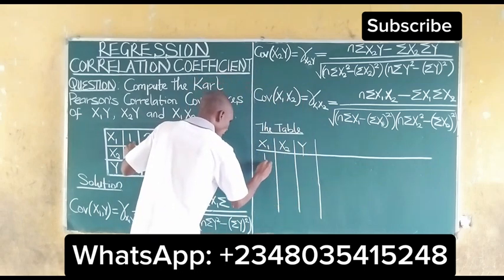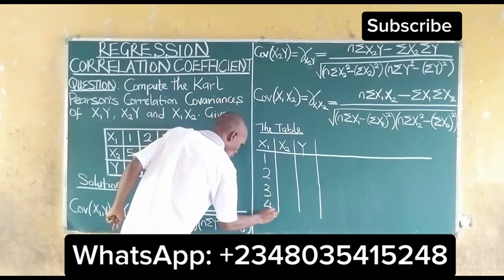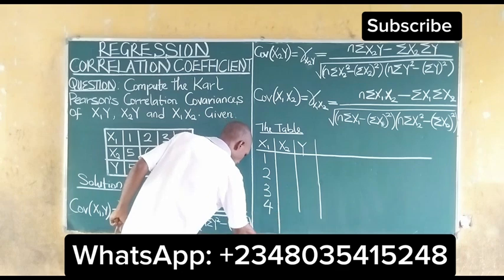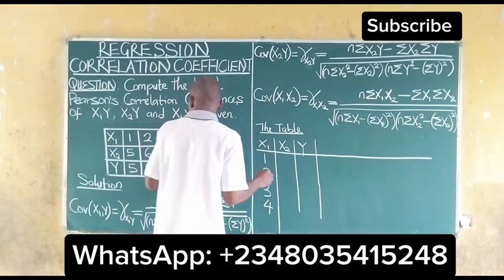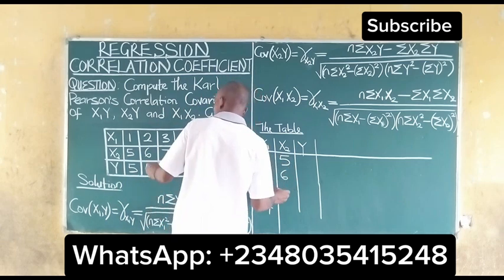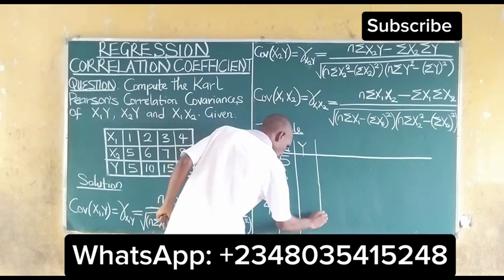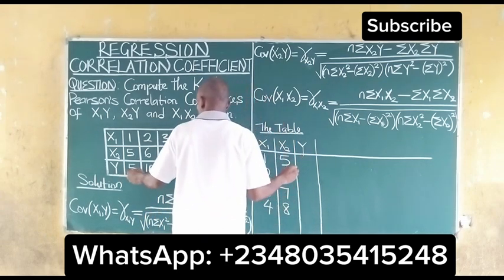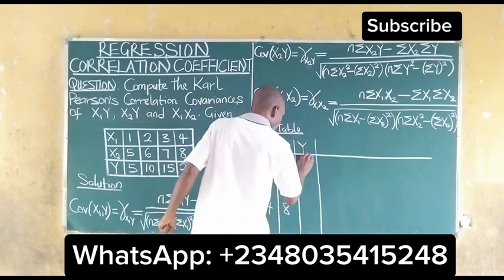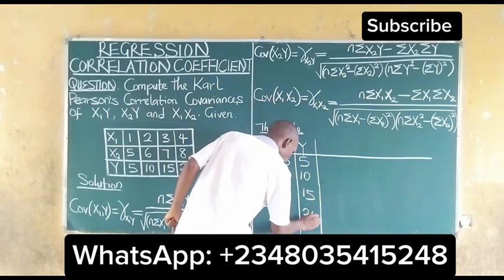X1 is 1, 2, 3, and 4. X2 is 5, 6, 7, 8. Y is 5, 10, 15, 20.